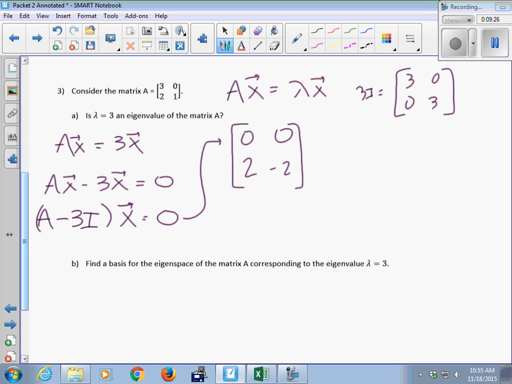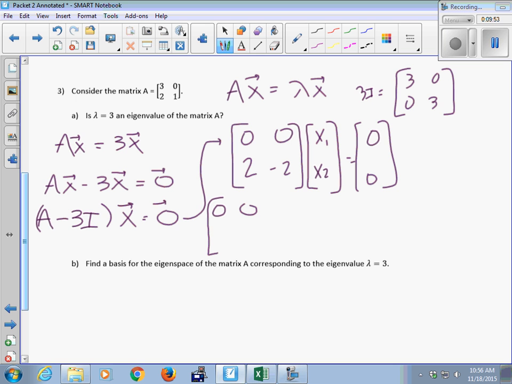So that's A minus 3I times x1, x2, and this should equal the 0 vector, 0, 0. How do you solve that equation? Augment, row reduce, right? So you end up with 0, 0, 2, -2, augmented with 0, 0.